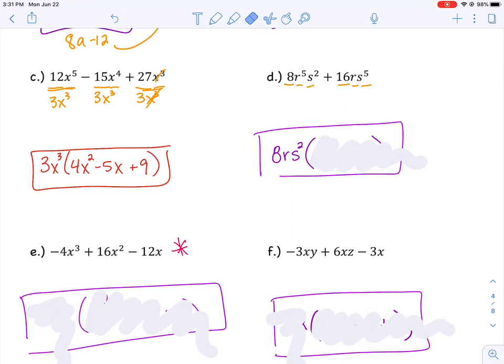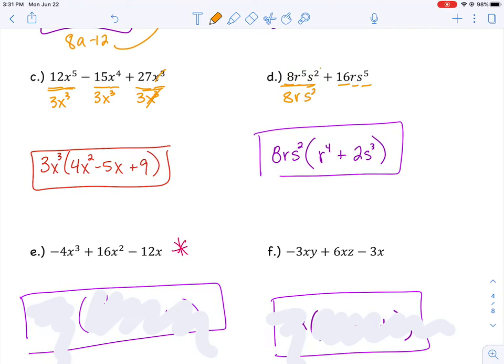If I divide each term by an 8 and an r and an s squared, let's see what our leftovers are. In the first term, when I divided by 8, 8 divided by 8 is 1. And you can write the 1 there if you'd like to, but without it there, we all know it means the same thing, right? If I take out an r, I have 4 r's left, so r to the 4th.